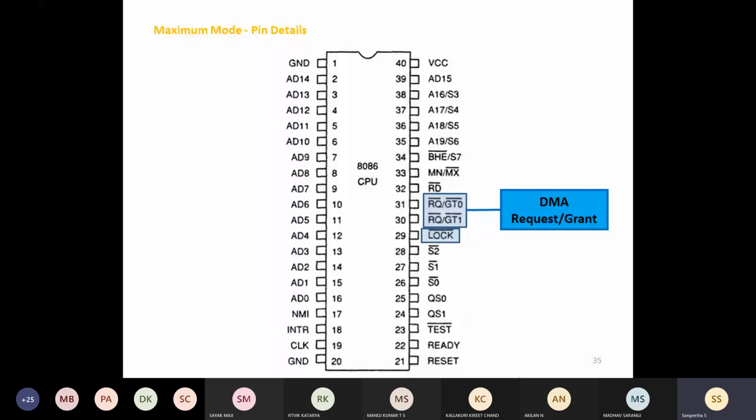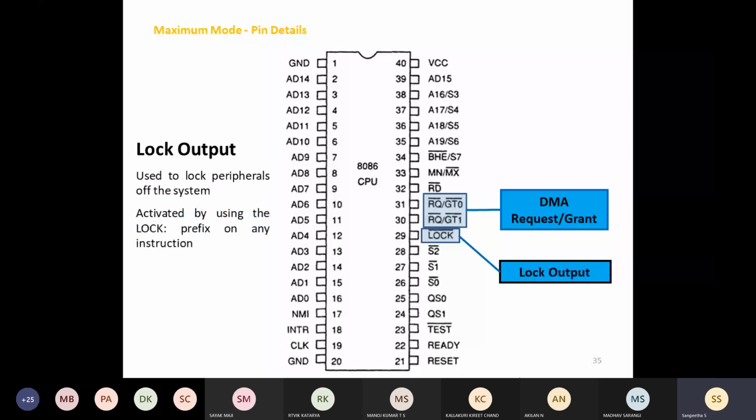If it is low, control is given only to the CPU executing some instruction, and it will not be accessed by any other processes. As I told, it is activated only by the central control, given only by the processor. It prevents the control from being accessed by other peripheral devices. For that reason, our lock should be low.